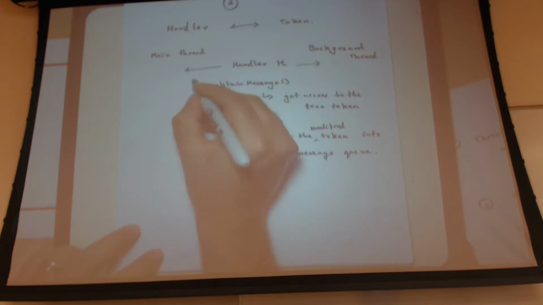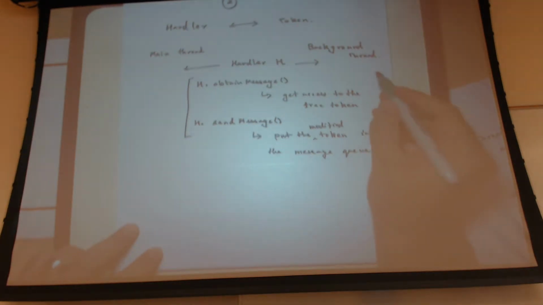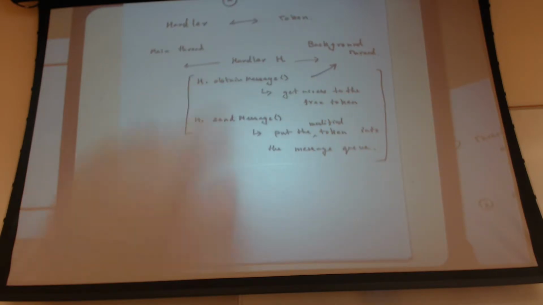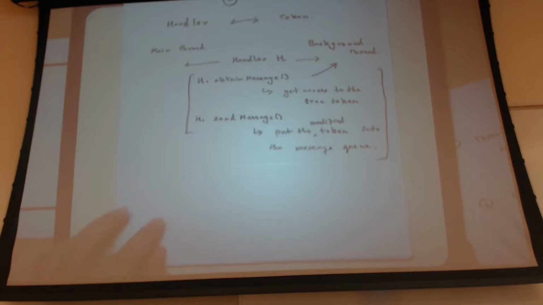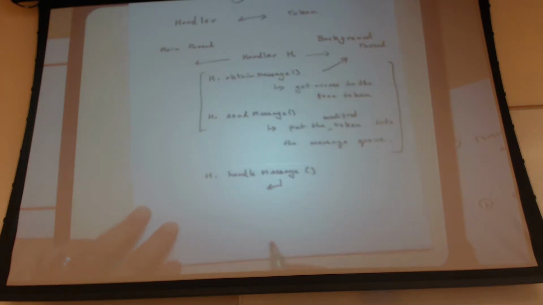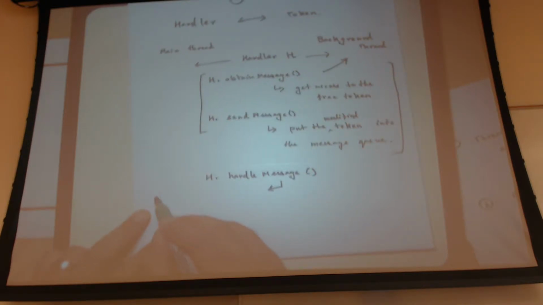So these two, h.obtainMessage and h.sendMessage, are used by the background thread. The background thread can use these two functions. Now there is another function called h.handleMessage. The main purpose of this handleMessage is to pop a token from the message queue and read.